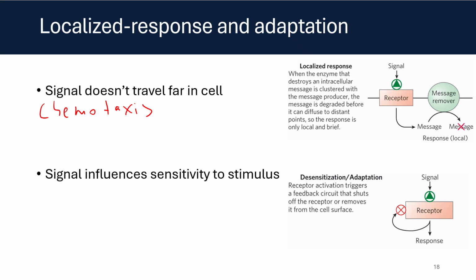So white blood cells move towards other cells that release interleukins as a cry for help. And they can do this because the white blood cell has interleukin sensor receptors all along its exterior.